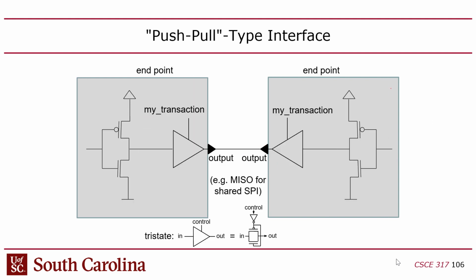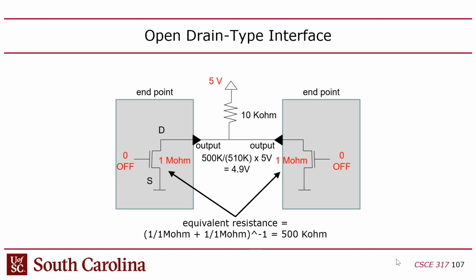Unless you put in a tri-state buffer that allows you to cut your chip off from the connection, which obviously you'd have to do for SPI, but a better solution, or another solution I should say, is to use this open drain style interface where, instead of having the pull up transistor there, you have a pull up resistor with a fixed resistance value, and then all of the devices that are sharing that connection on the bus have the ability to pull it down to 0, and if they don't do anything, it's just 1, right?